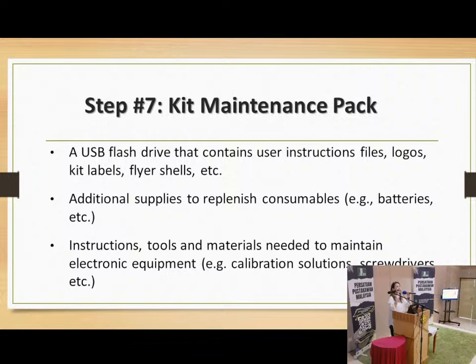So we make sure we provide those screwdrivers and tools in the maintenance pack, so they will be able to open it up and replace the battery. Calibration solutions: in the water quality kit, there is an orange-white box of solution. That's for recalibration. We make sure we send that out so they know how to recalibrate that TDS meter, with instructions.